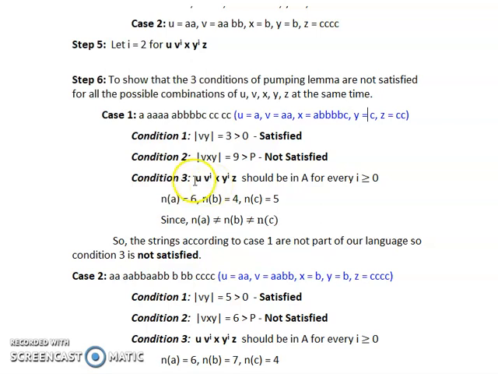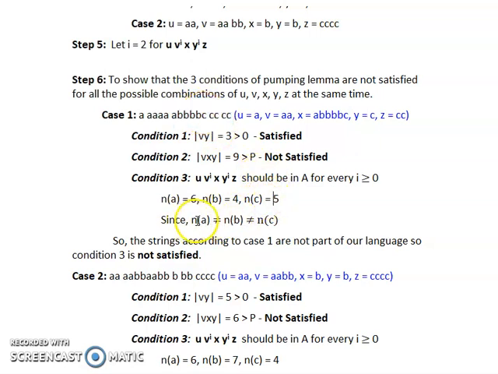Now let us check condition number 3. According to condition 3, u v to the power i x y to the power i z should be in our language A for every i greater than or equal to 0. So for i equal to 2, if we check, we find that the number of a in this particular string is 6, the number of b in the string is 4, and the number of c in this particular string is 5.